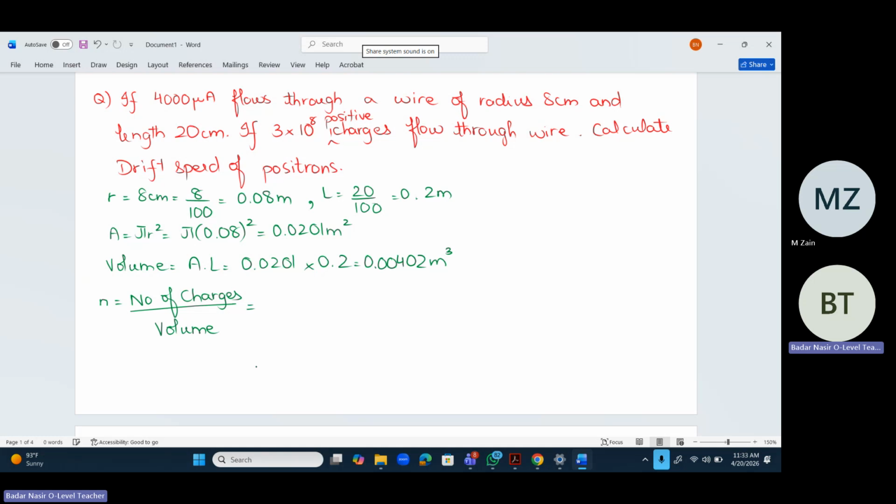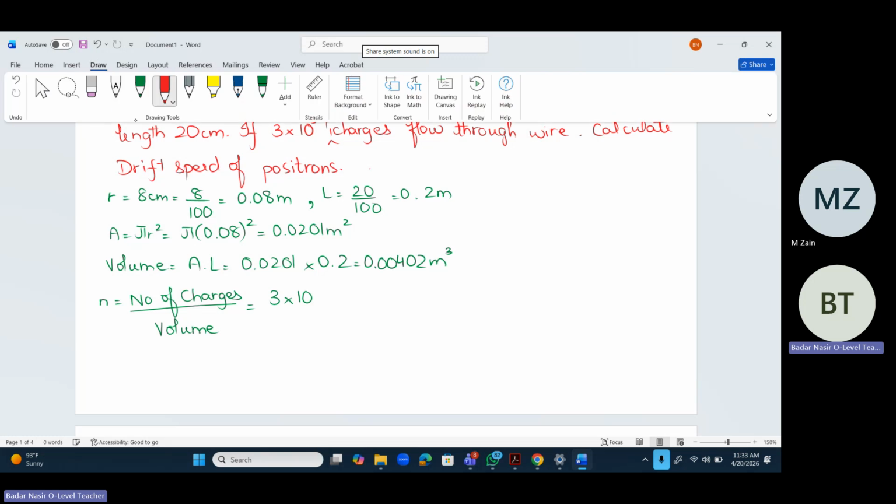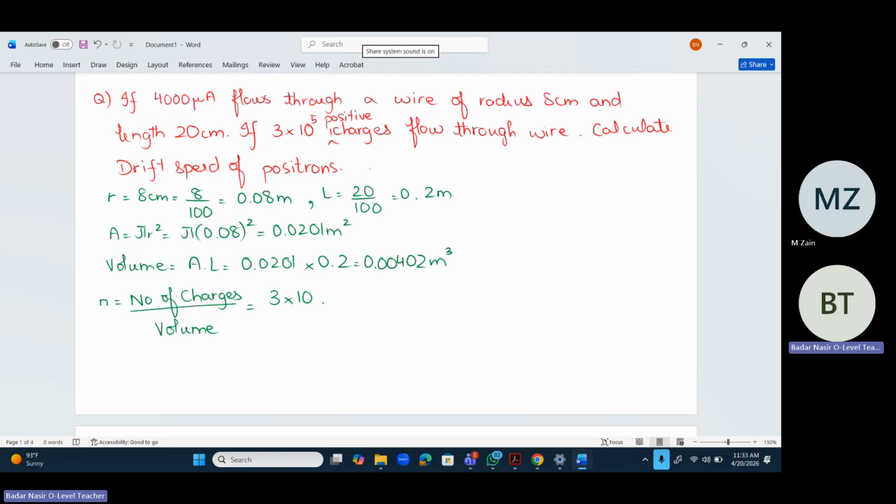So the number of charges are how many? Okay, it's 3 into 10 raised to power 5, divided by the volume 0.00402.